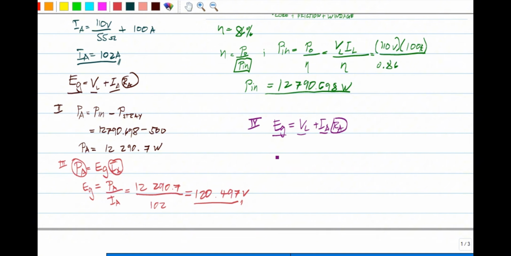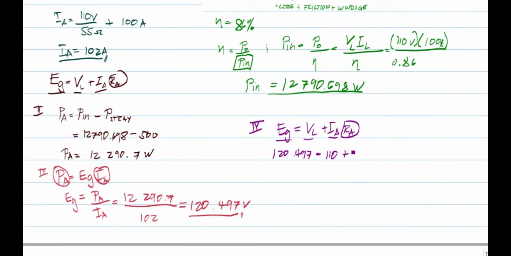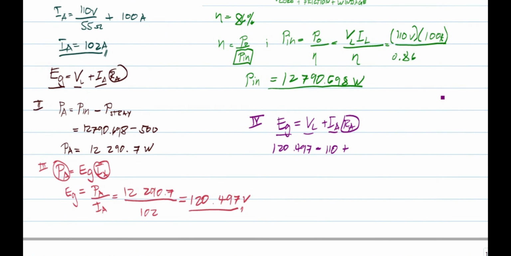Therefore, EG of 120.497 is equal to VL of 110 volts plus IA of 102 times RA, which is missing.